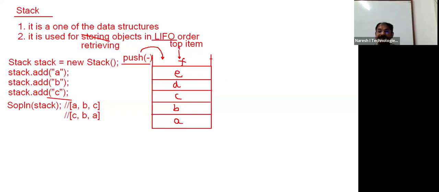Next, retrieving an object out from the stack is not called get. It is called pop. What is the operation of pop? Pop will retrieve, remove, then return. It performs a triple R operation. The pop method first takes the object, retrieves it, then removes the object from the stack, and then returns that object to our program.